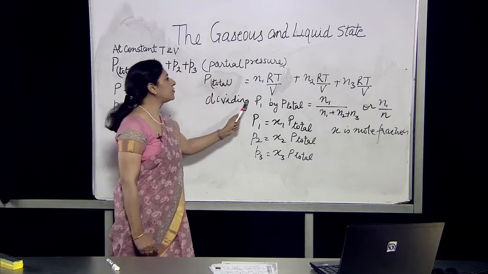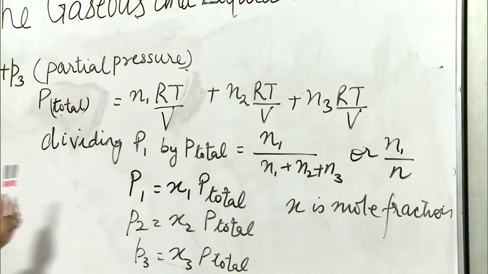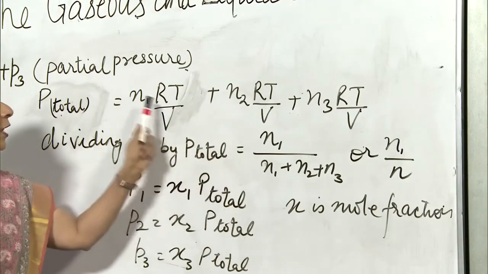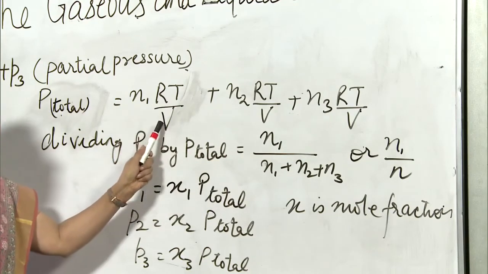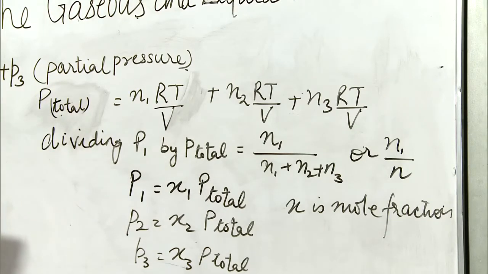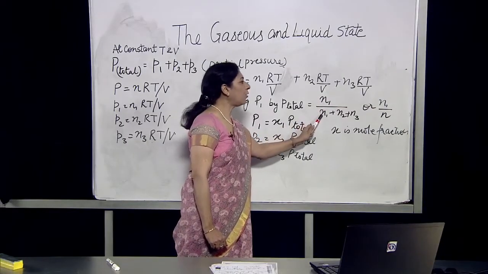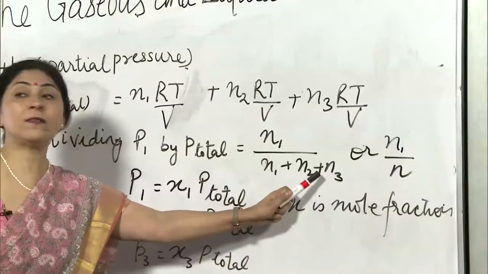Let us divide P1 by the total pressure. What are we going to get? As you know, n1RT upon V is there, and RT upon V in the denominator will get cancelled because the values are the same. So what we will get is n1 upon n1 plus n2 plus n3.